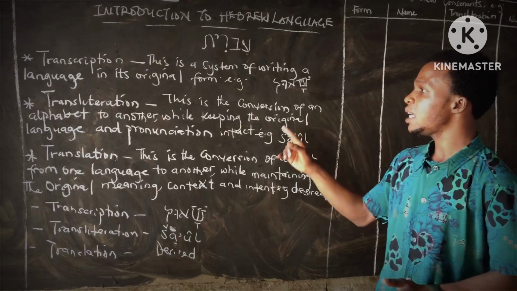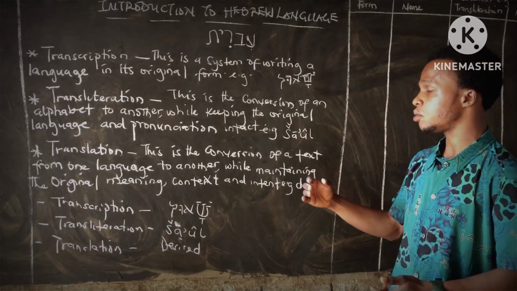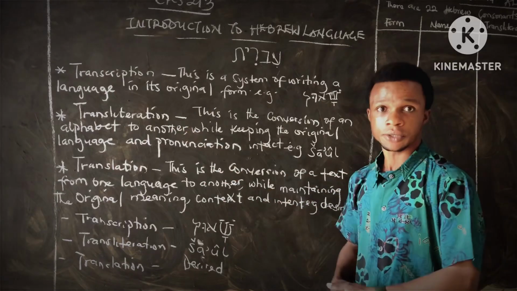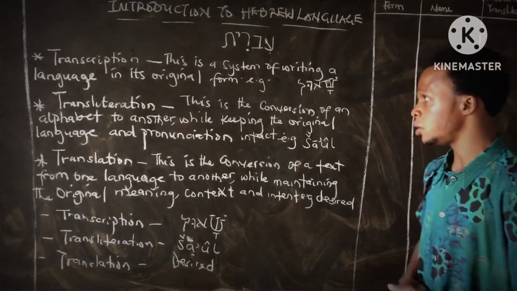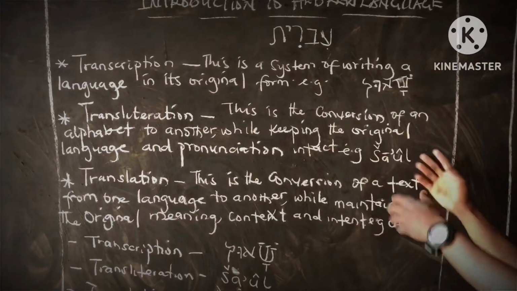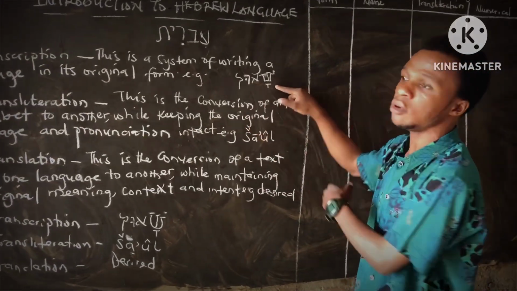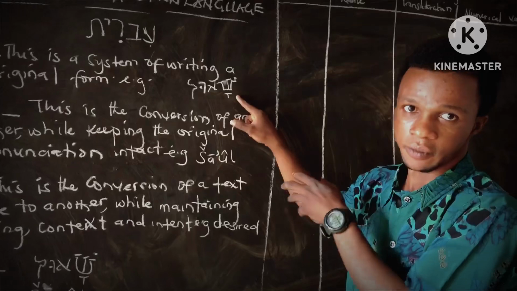Another part that you have to know about in this language is what we call transliteration. Transliteration means the conversion of an alphabet to another. So like this is the Hebrew original alphabet, for instance.